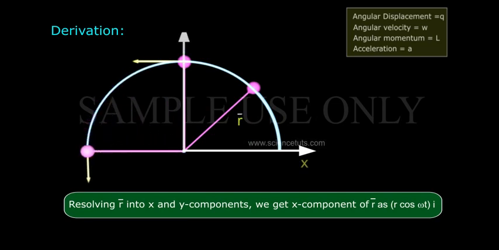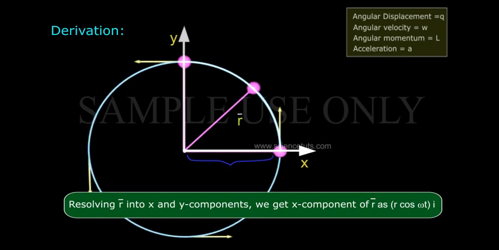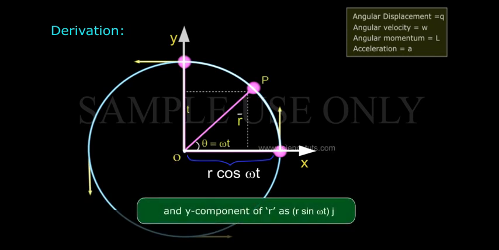Resolving r bar into x and y components, we get the x component of r bar as r cos omega t i, and the y component as r sin omega t j.